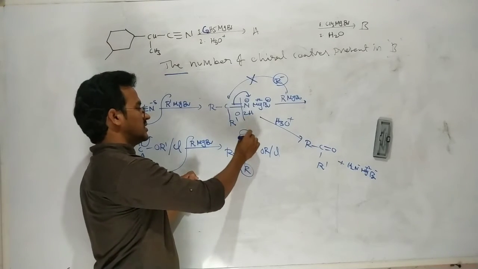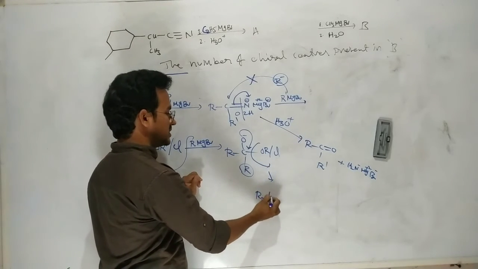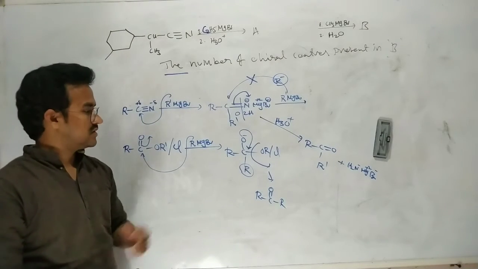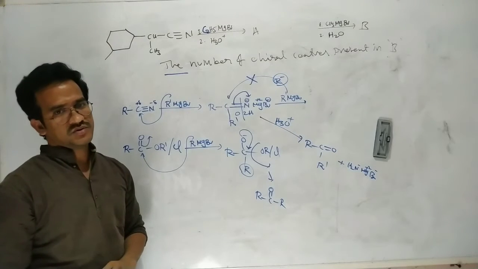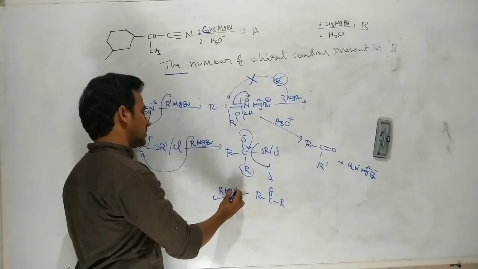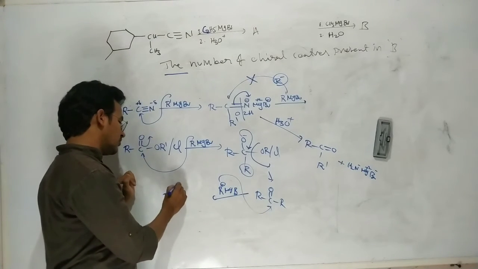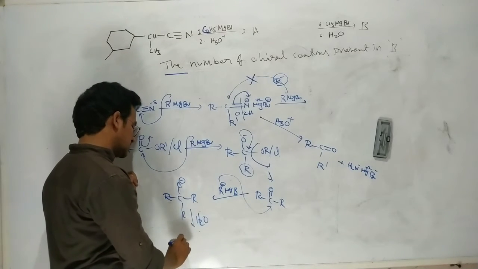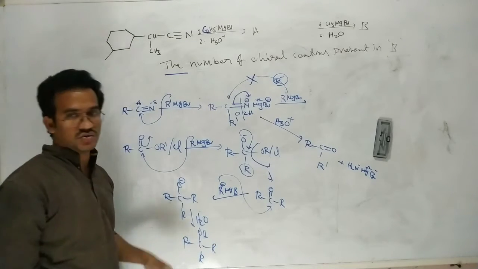Now there is a chance for the reformation of the pi bond, and this group leaves. So we get RC double bond O R, a carbonyl compound, without a separate hydrolysis step. Then this Grignard reagent again attacks this carbonyl carbon, so we get RCO minus with R and R. By the hydrolysis, this alkoxide is converted to alcohol.